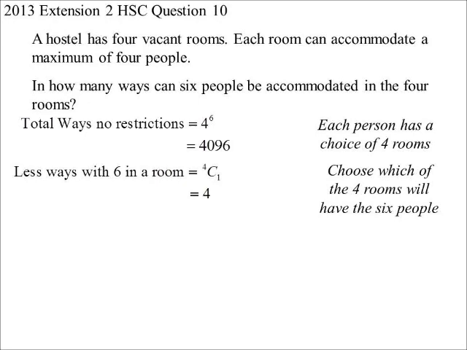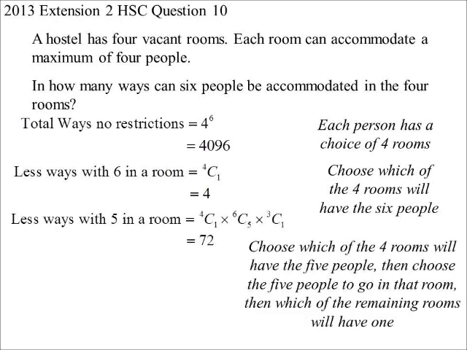But I don't want there to be 6 people in a room, because it says maximum of 4 people. So I don't want all the possibilities with 6 in a room. Well, that would be 4C1. Because the first person would come along and choose the room, and everyone else, you've got to go in that room. So basically they're just choosing the room they're going in, 4C1.